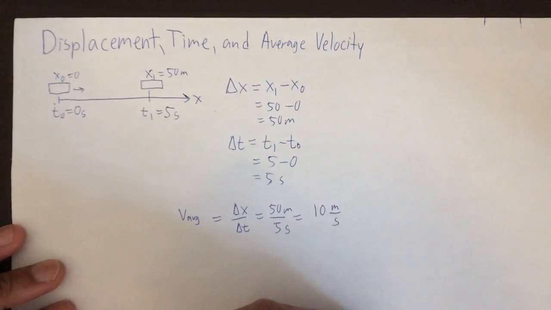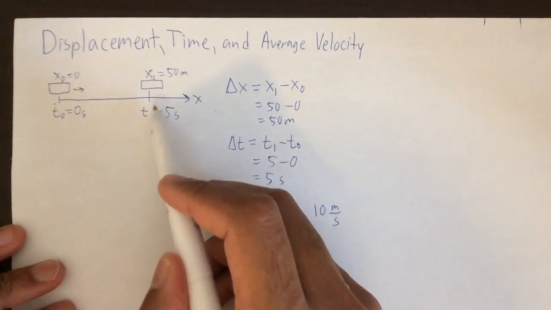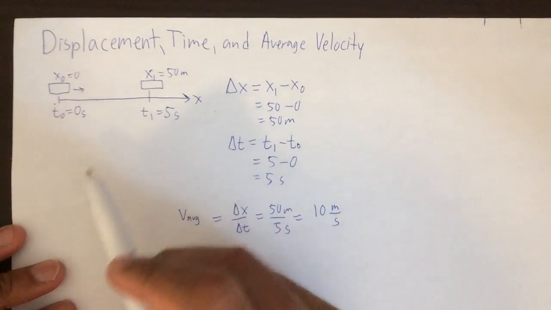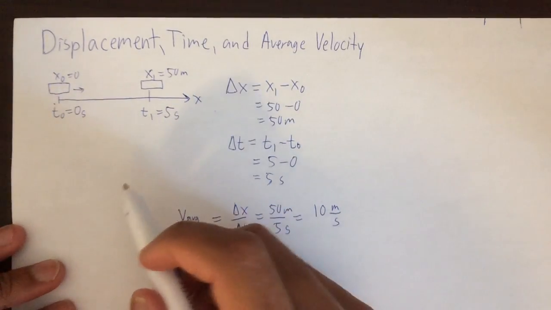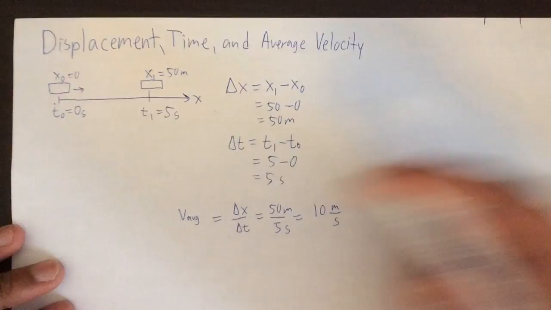Now let's do the opposite. If you had the opposite situation where the car went from 50 meters to 0 meters in 5 seconds, then the velocity would be negative, because the displacement is becoming more negative.